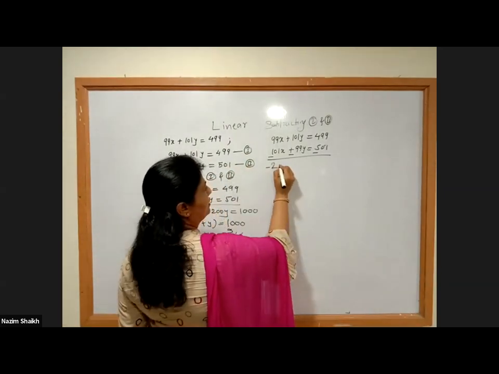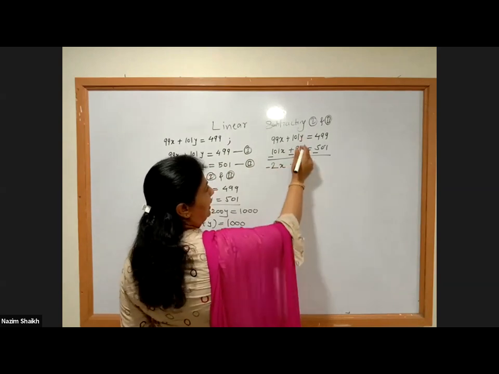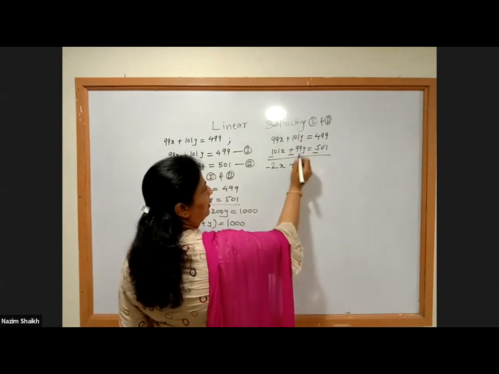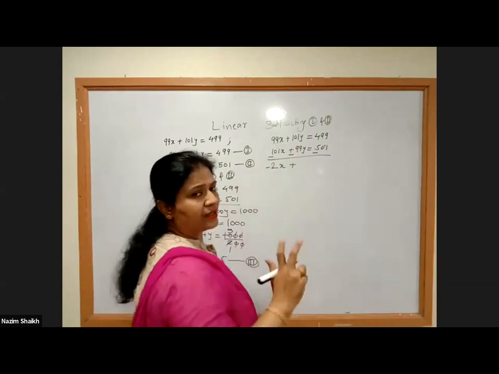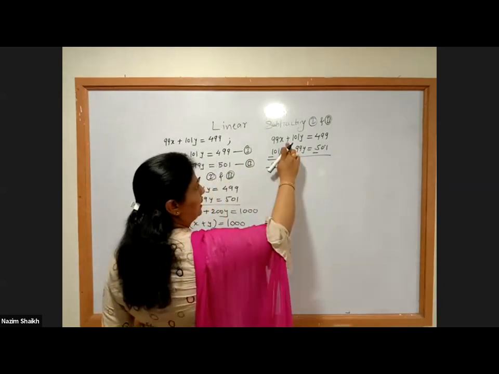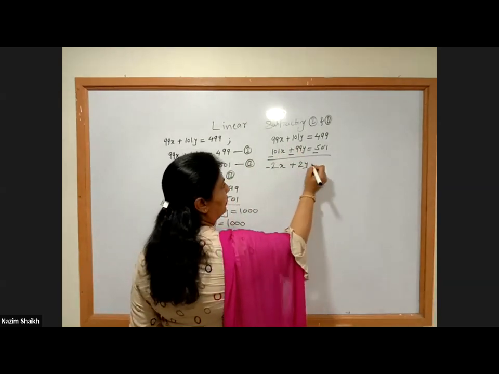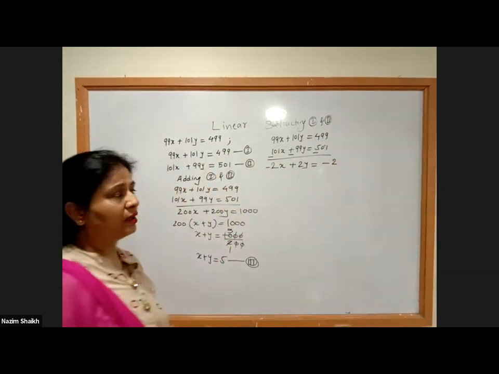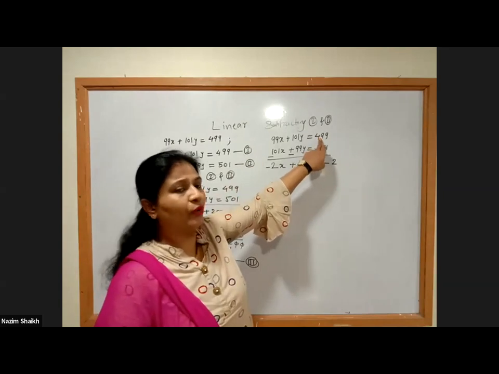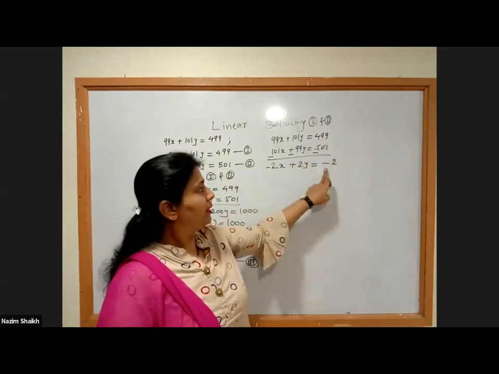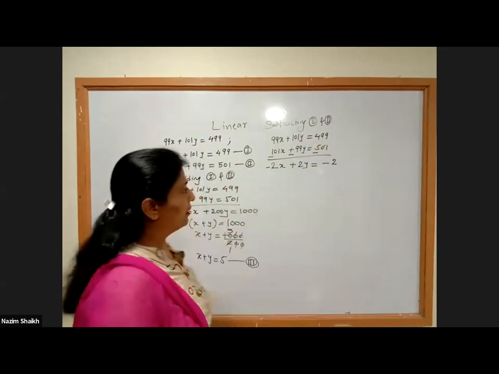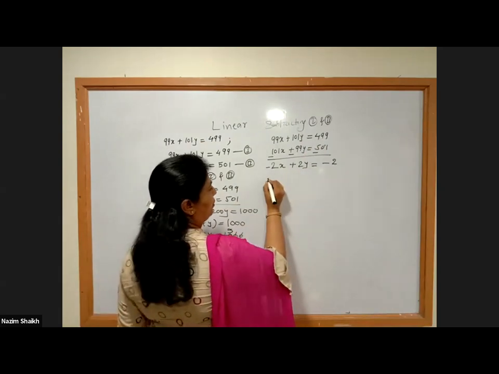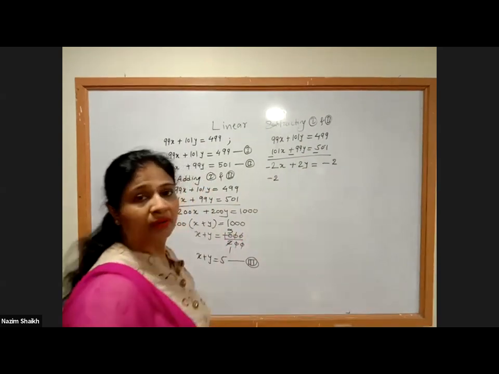So minus 2x. Again these will subtract. From 101, 99 is gone, so 2. Sign is here plus, so plus 2y. Again these subtracted: minus 2, because you subtracted 499 from 501, and the answer takes the sign minus. Again in this, what is common is minus 2.